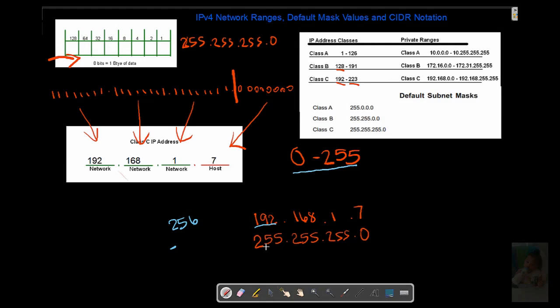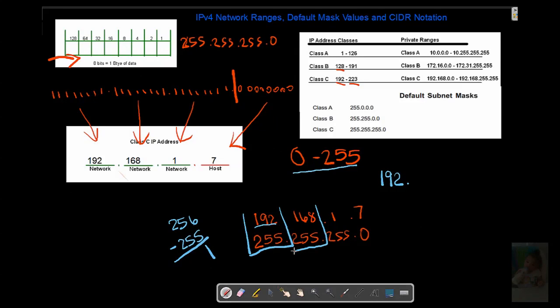We take our mask, and if we subtract the mask value from that octet, we will see that we have locked it to one address only. This network can only have 192 in that octet.